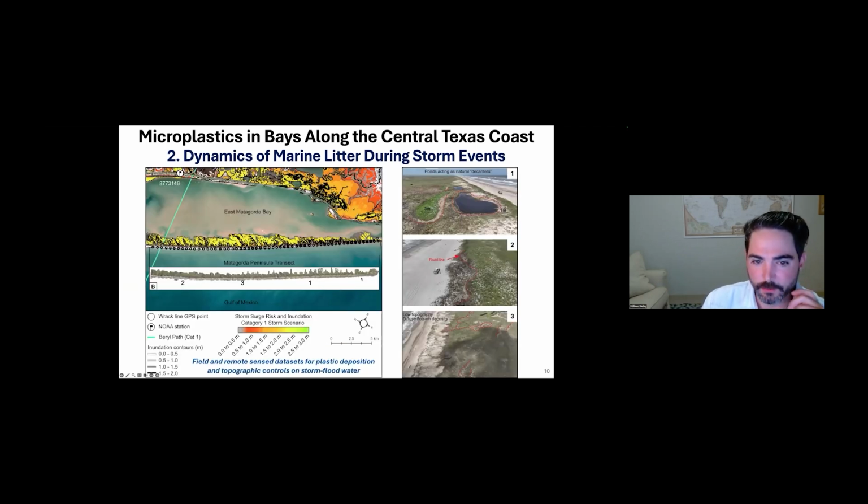Here I have some of the data we collected. We took a drone and collected an orthomosaic where we can map the plastic-rich deposits. We have GPS field locations where we walked the beach and took a point and measurement where all of the most plastic-rich deposits were. And here on the right, I have some of these observations.